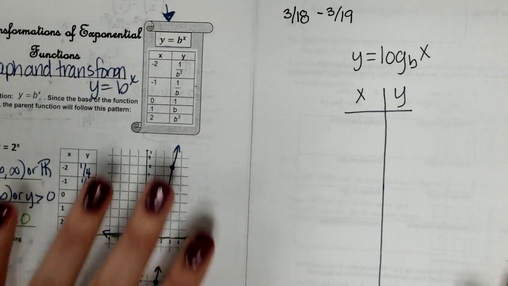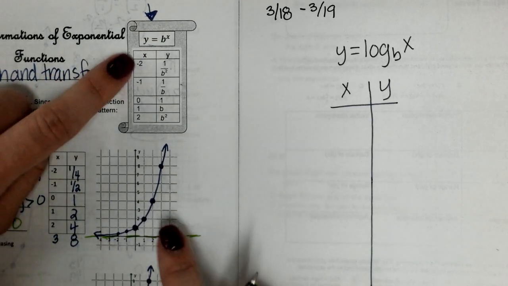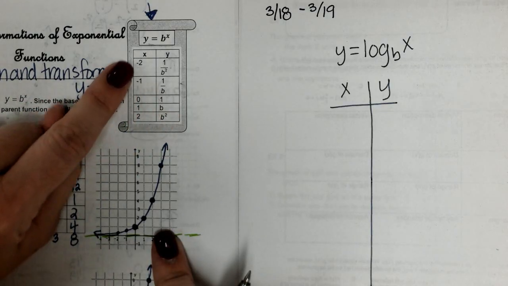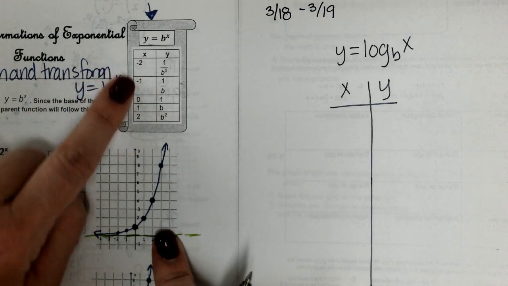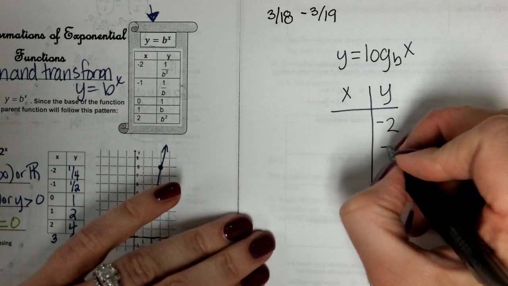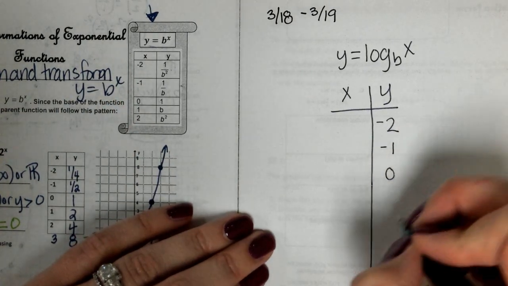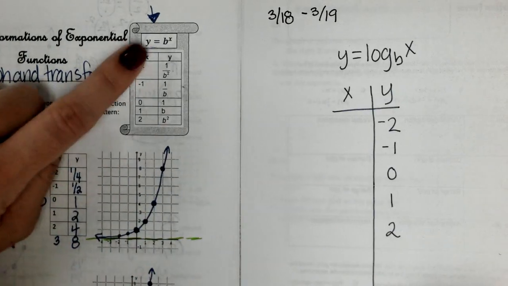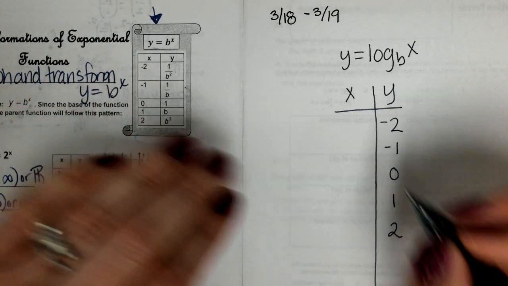To generate this table, all I'm going to do is take our exponential and switch the x's and y's. So all of these x's are now going to become my y's. This is similar to what you did yesterday on the Desmos activity. And then these are going to become my x's.